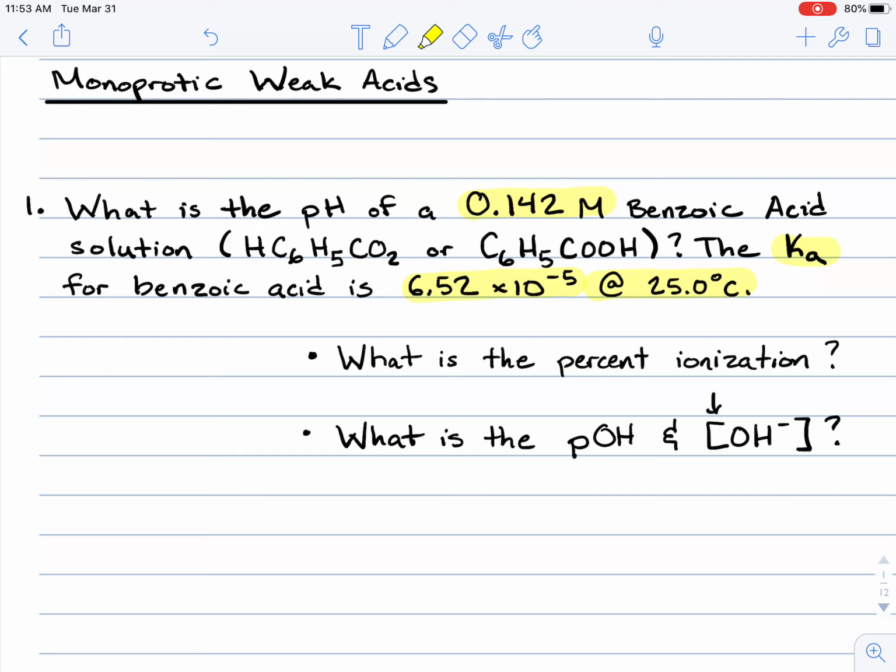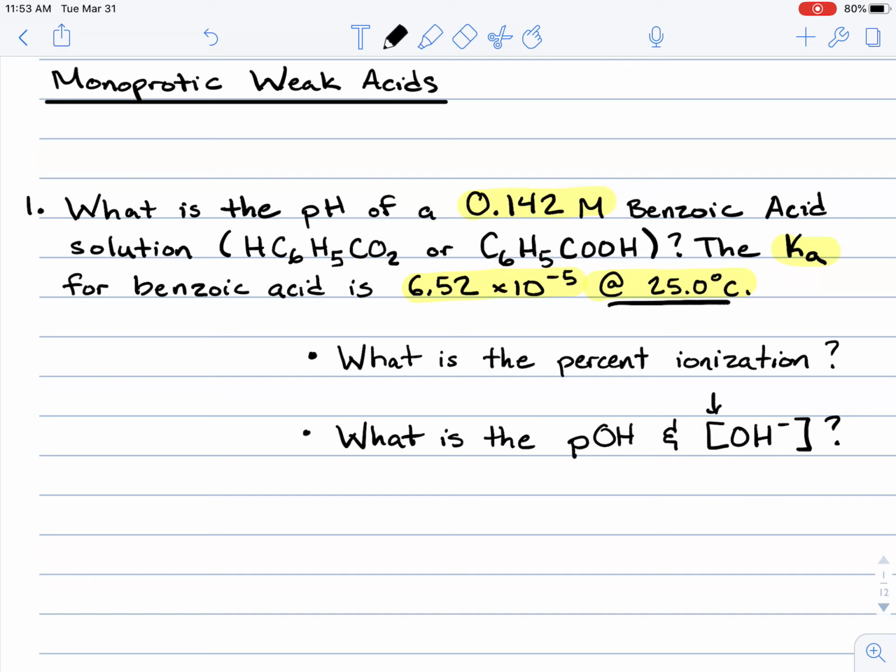Whenever you are working through these types of problems, the temperature doesn't really play a strong role in terms of inputting it into a formula, so to speak. It's just letting us know that at that specific temperature, the acid ionization constant, which is an equilibrium constant, is 6.52 times 10 to the negative 5.